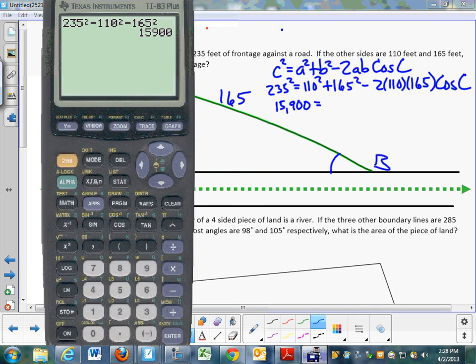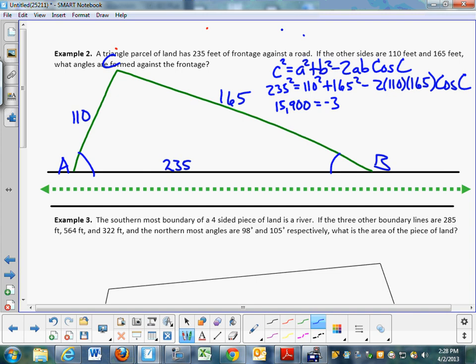Equal to, let's see, negative 2 times 110 times 165, which is negative 36,300. Now what? Divide. Is it going to be positive or negative? Is the angle going to be obtuse or acute? Obtuse, because cosine is negative in the second quadrant where everything's obtuse.